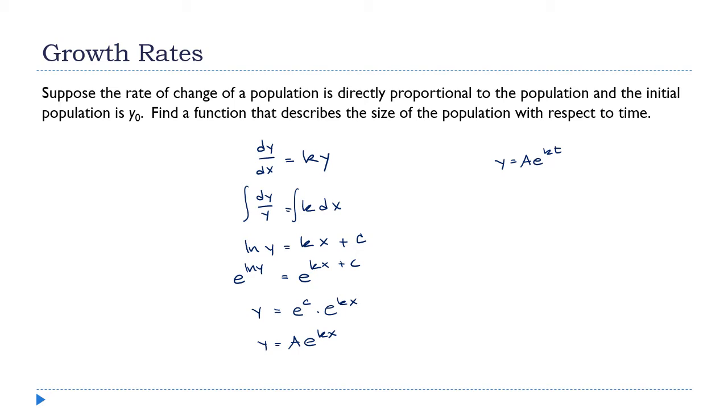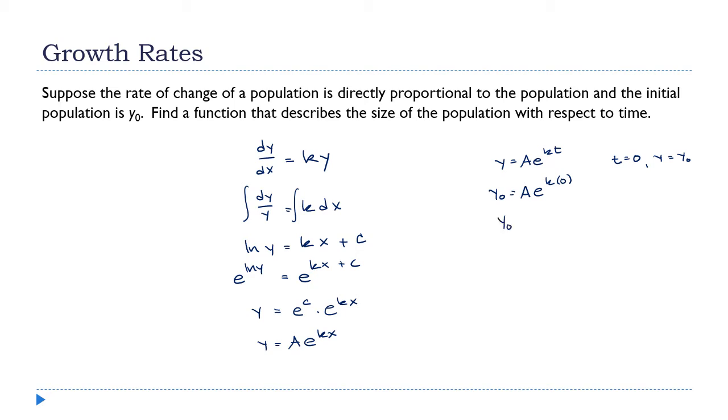Then, when t is equal to 0, y is equal to y0. So let's put those in here. y0 equals a e to the k0 power. Well, k times 0 is 0, and e to the 0 is 1.